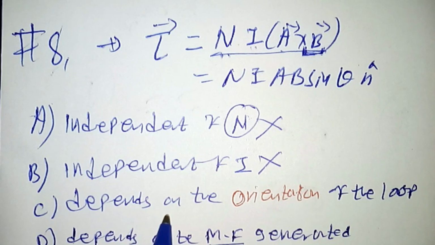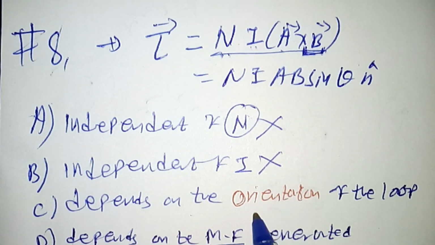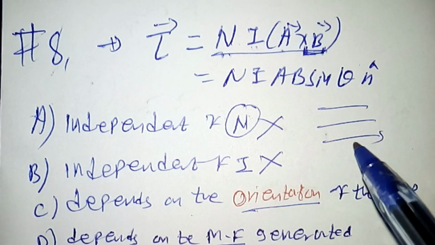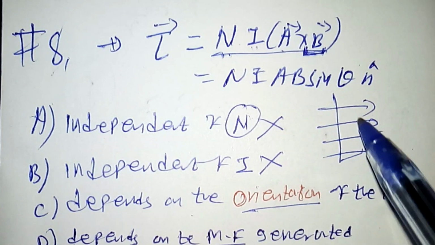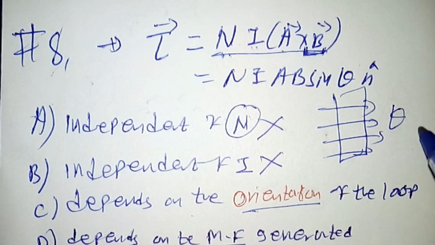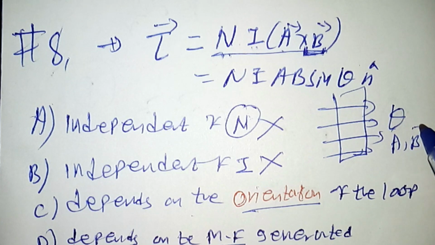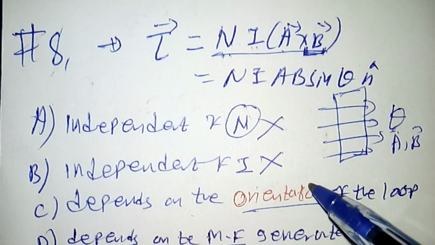And C says it depends on the orientation of the loop. Orientation of the loop means how the loop and the magnetic field are arranged with each other. That means the angle theta between the area of the loop and the magnetic field B. So the orientation of the loop also determines the amount of the torque.